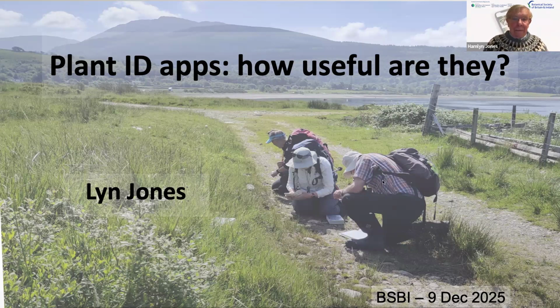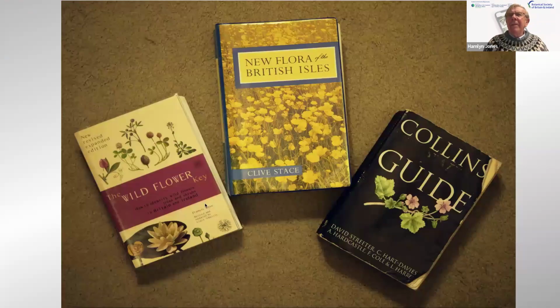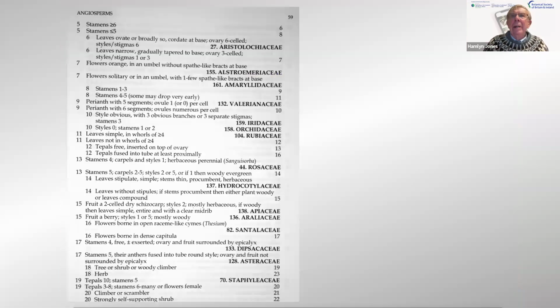So you will all be familiar with standard plant ID keys. Till recently, that was all we had, other than picture books and so on. But the problem with most plant ID keys is several-fold.